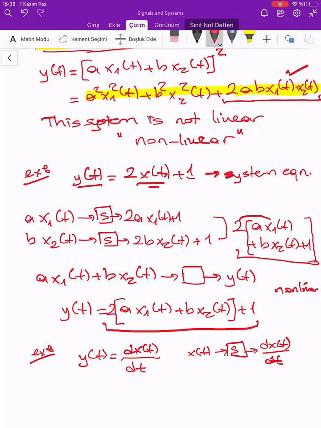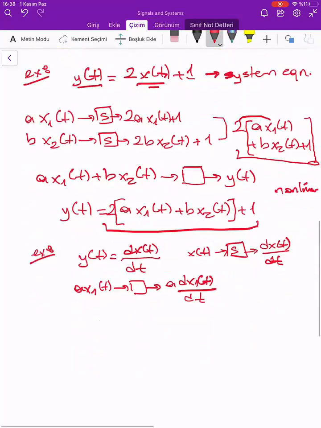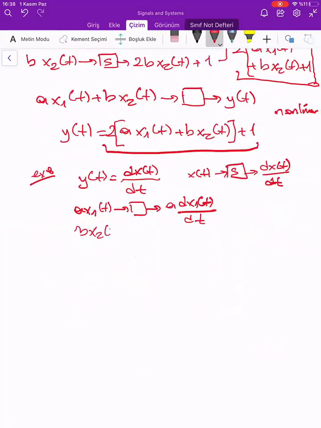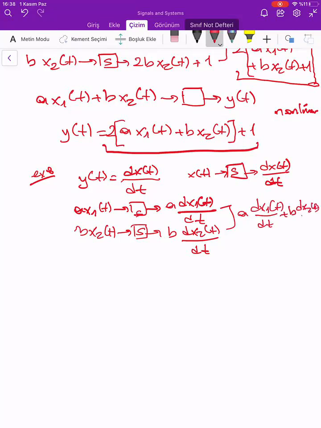For example, if a x1 of t enters my system, I would get a dx1 of t over dt. If I have b x2 of t as my input, it will be b dx2 of t over dt. If I add these two, a dx1 of t over dt plus b dx2 of t over dt.